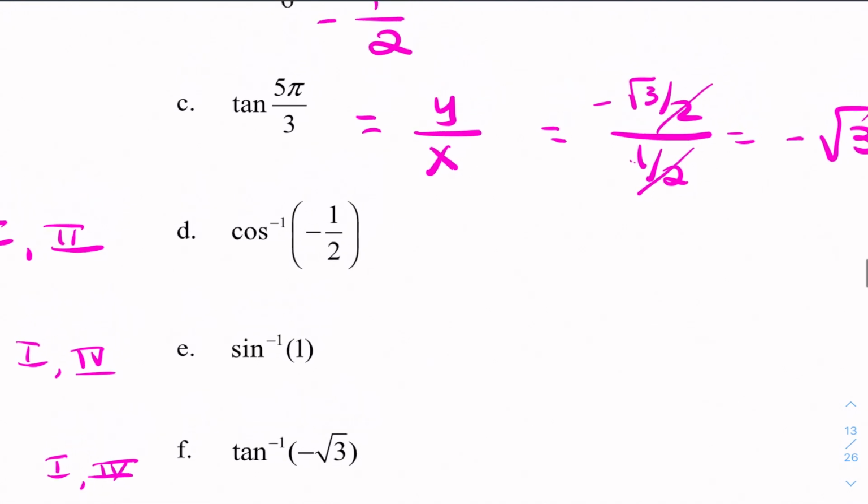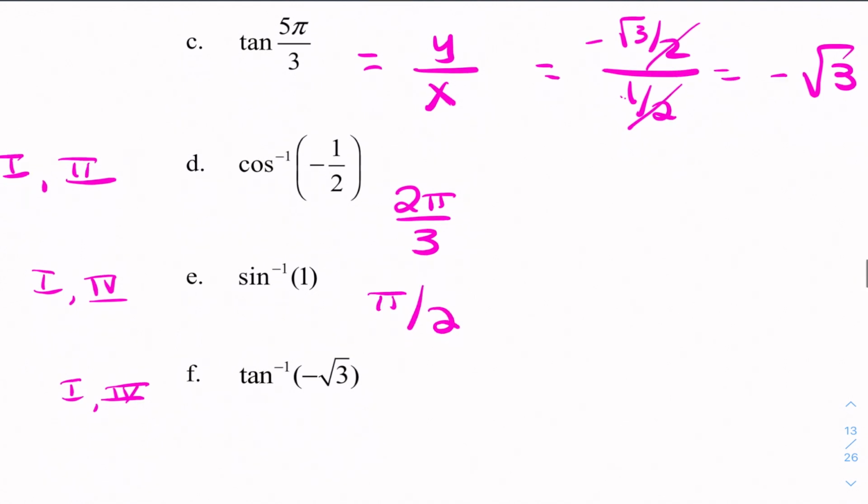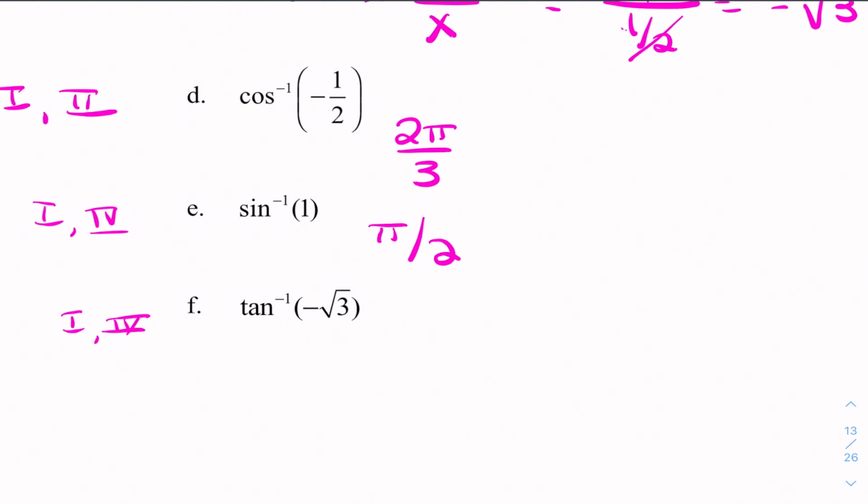Where is the x value negative 1/2? That would be 2 pi over 3. Where is the y value 1? Well, that would be at pi over 2. And where would the y value be negative root 3? Well, we already found that, which is 5 pi over 3.